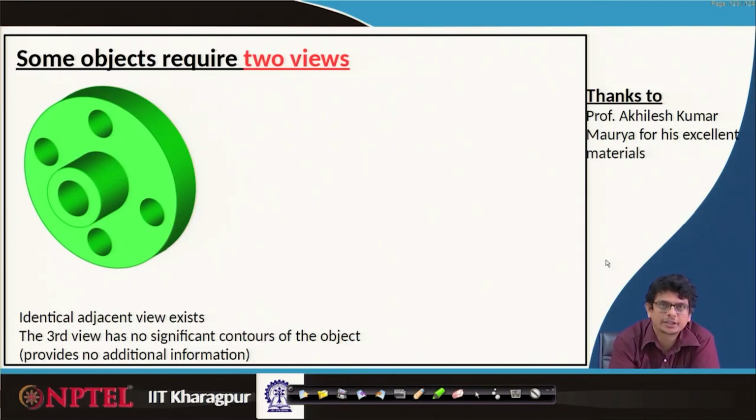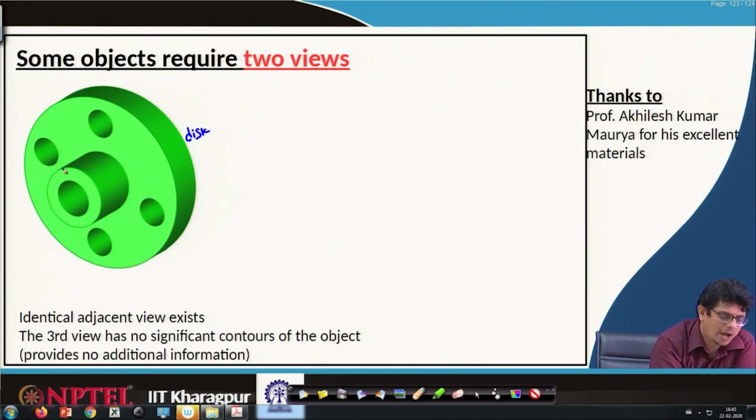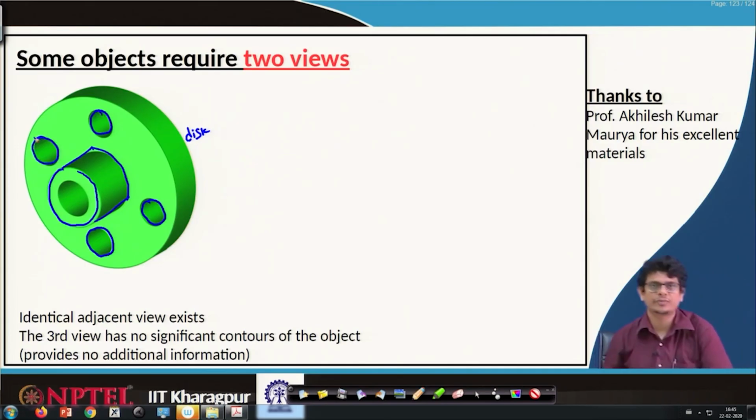Let us look at this object. It is a disc type object having a cylinder attached on top. This is the cylinder, and it contains many holes. This object we would like to visualize.